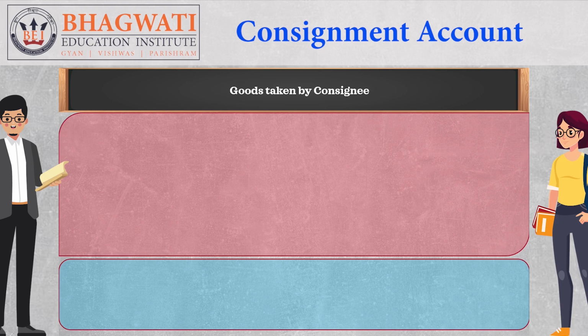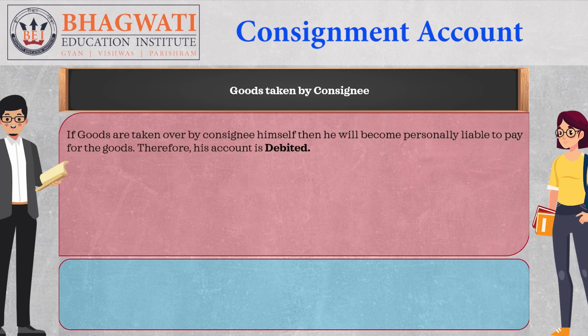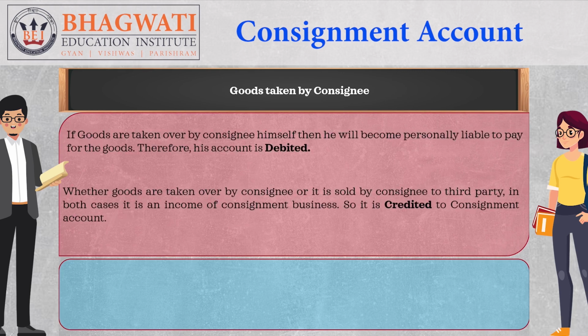Correct. So whether the goods are sold to an outsider or sold to our agent only, it is revenue, it is an income for the consignment business. So we should credit it, and the consignee is liable to pay this much amount to us. So we are supposed to recover it from the consignee. So his account should be debited.